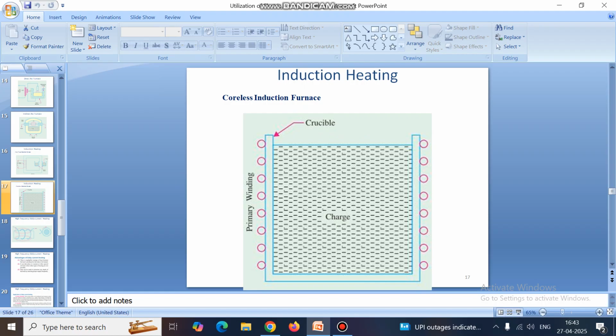The primary winding is given around the secondary wire, and between these there is transformer action, and the charge particle will be heated up because of current flowing through this conductor. Uniform heating can be achieved by this coreless type induction furnace.